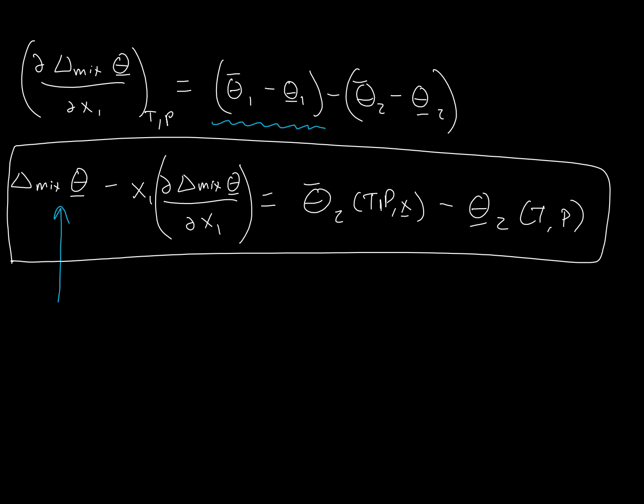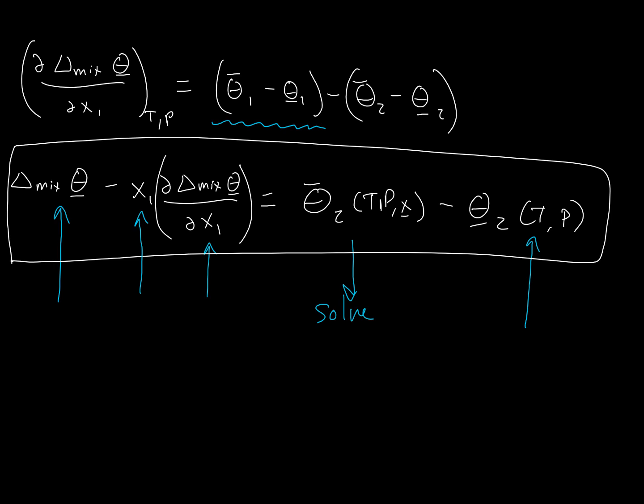And so we can calculate the delta of mixing just based on the difference between the ideal properties and the real properties. We prepared our own solution, so we know what x1 is. We can somehow take the derivative of the data, and we know what our pure material properties are, so we can solve for this.